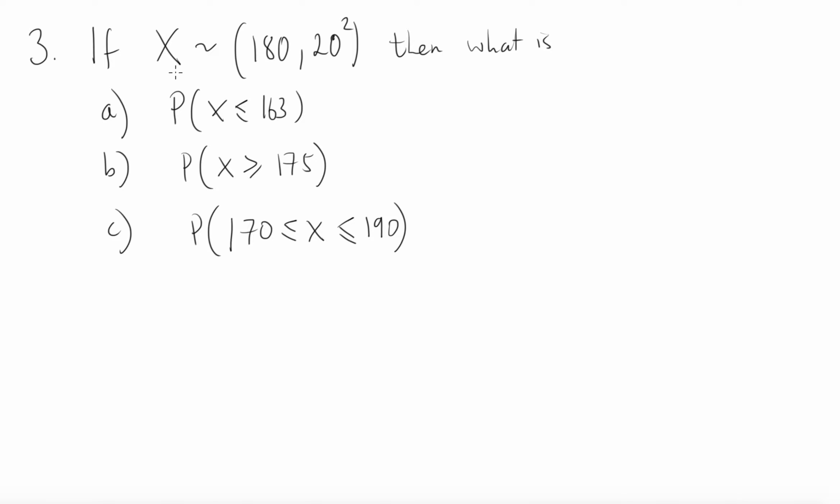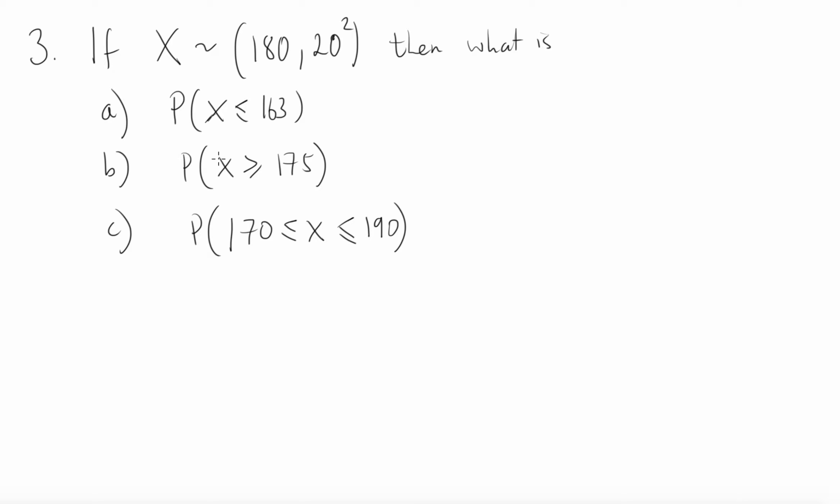Okay, so question 3. Let's say we have a normally distributed variable x with a mean of 180 and a standard deviation of 20. Then what is the probability of finding something in the sample which has a value of less than 163?